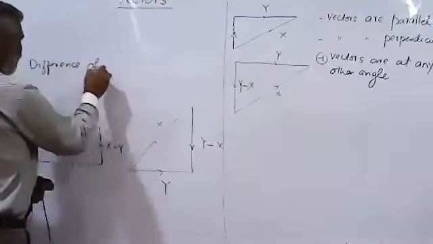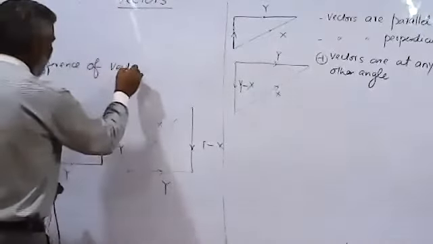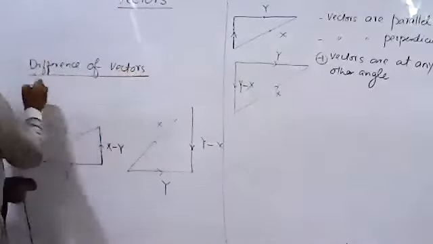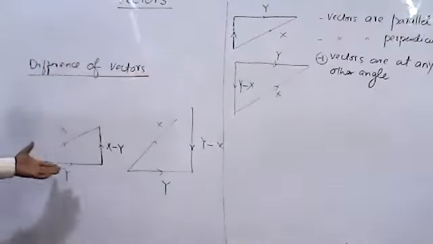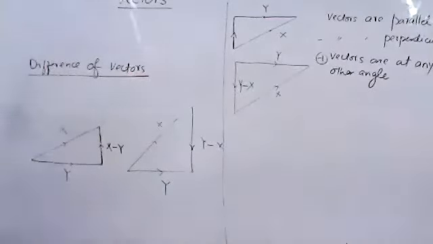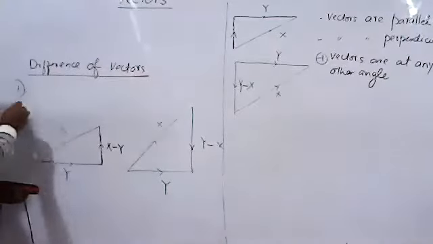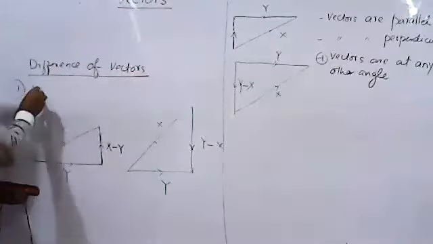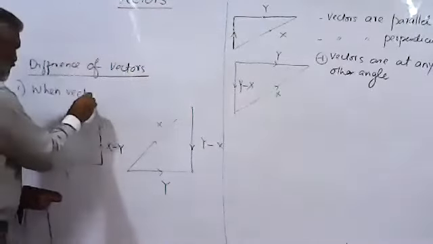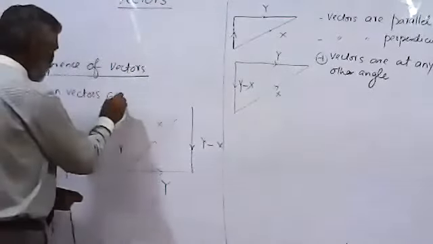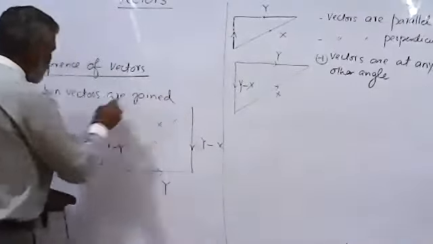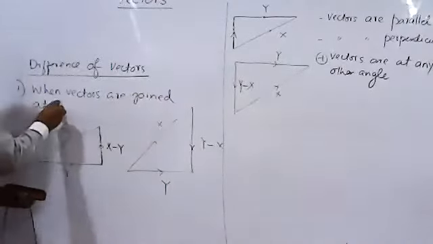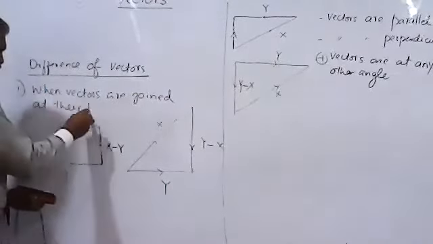Difference of vectors, which means x minus y or y minus x. So in one situation, vectors are joined at their tails. This is situation one, when vectors are joined at their tails.